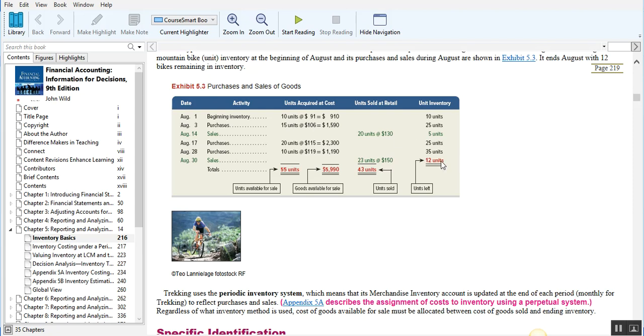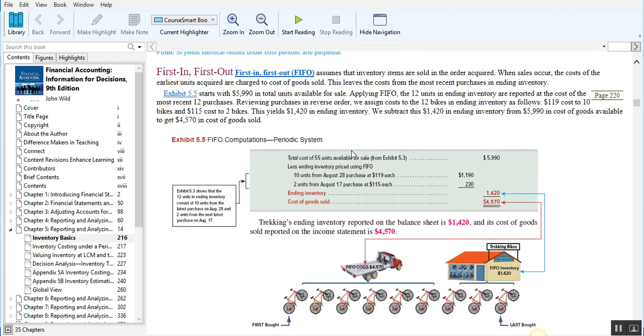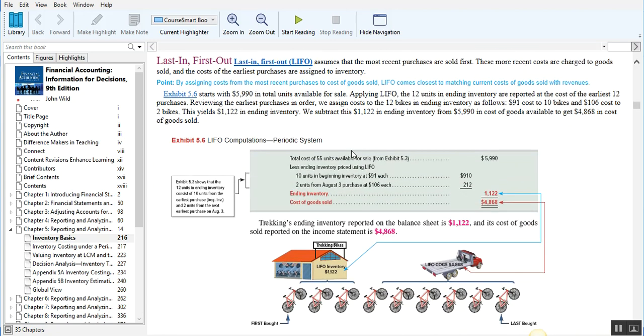So with 12 units remaining, and you're using LIFO, last in, first out, you're assuming all these other layers you've sold some items out of. So when you go in here, you're going to basically calculate the ending inventory from the first two layers that you purchased items in inventory. So your first two purchases. 10 units are going to be in ending inventory from the beginning inventory at $91 each for $910. 2 units will come from the August 3rd purchase at $106 each for $212.